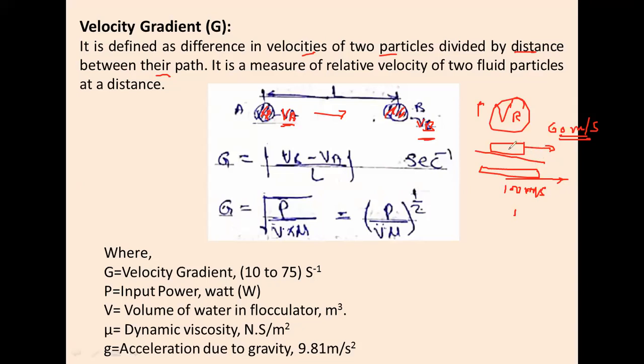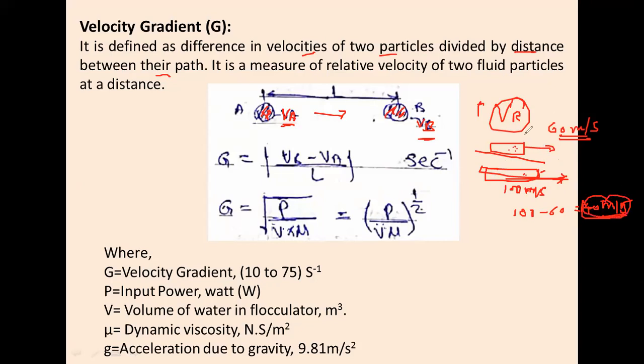That means the passengers sitting in this train will feel that the train going adjacent to them is moving with a velocity of 100 minus 60 equal to 40 meters per second, but actually it is moving with 100 meters per second. So this velocity is called the relative velocity.